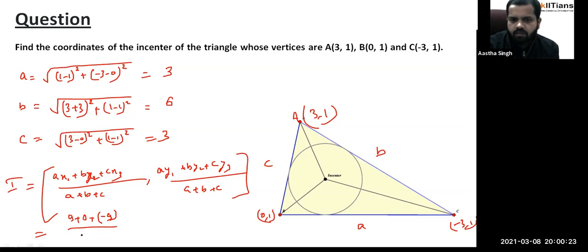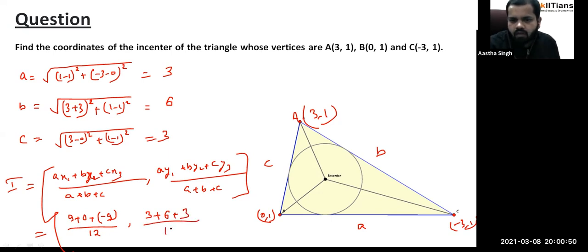a plus b plus c will be 3 plus 6 plus 3, that is 12. For the y part, a times y1, a is 3 and y1 is 1, so basically 3. b times y2 will be 6 times 1, that is 6. c is 3 and y3 is 1, so basically 3.